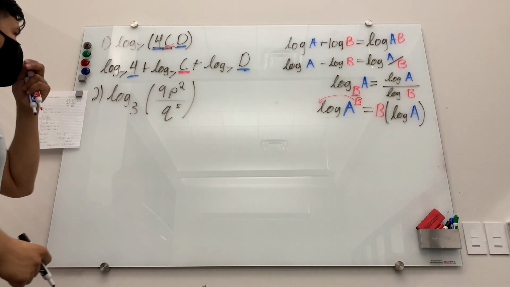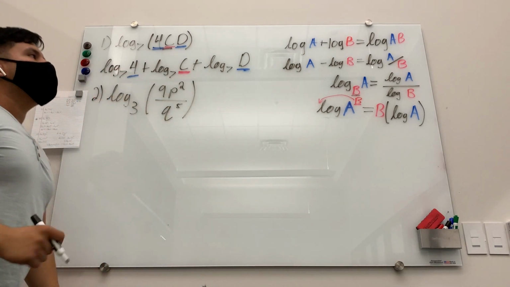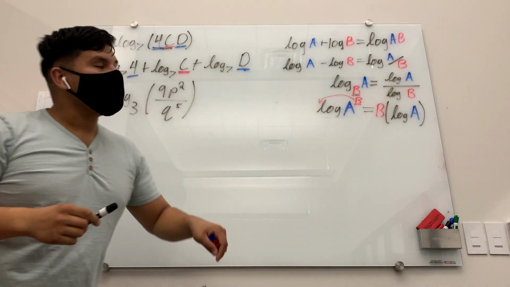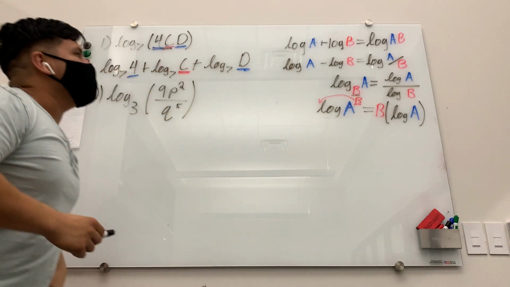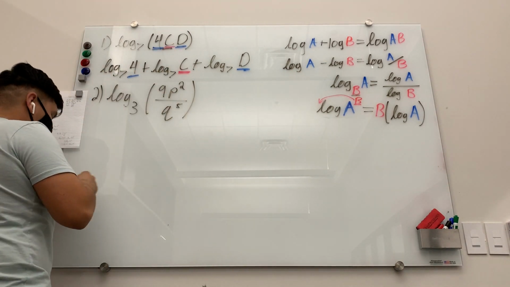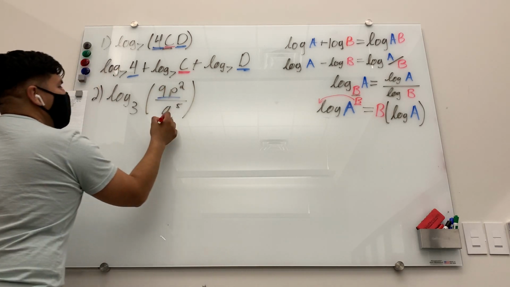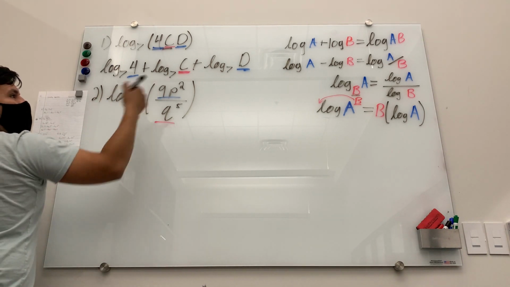Okay, so taking a look at this, if we take a look at our second log property here, we know that log of a divided by b is going to be the equivalent of log of a minus log of b. So we have our numerator up top, divided by our denominator, right here. Well, we can rewrite that using our properties.